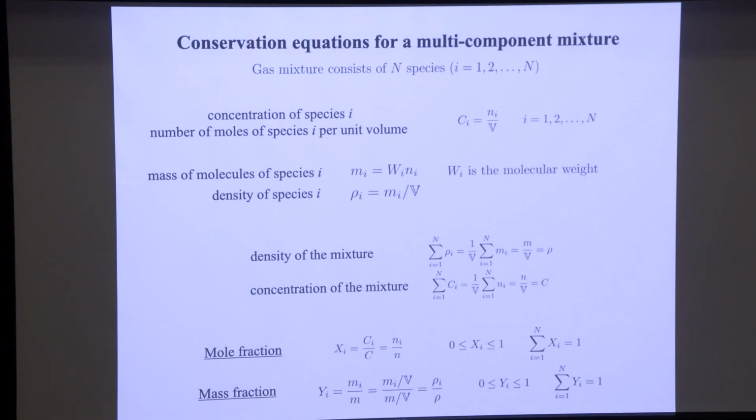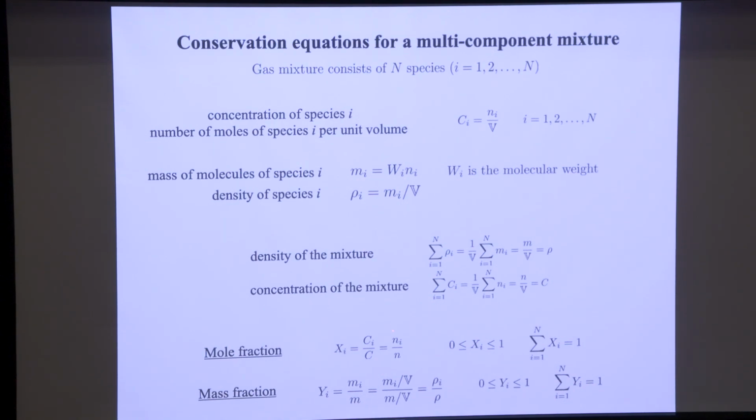So we now have the mass or the density of the mixture and the concentration of the mixture. That helps us to define mole fraction or mass fraction. So the mole fraction will be the concentration of species I divided by the total concentration. So it's the fractional amount, okay?